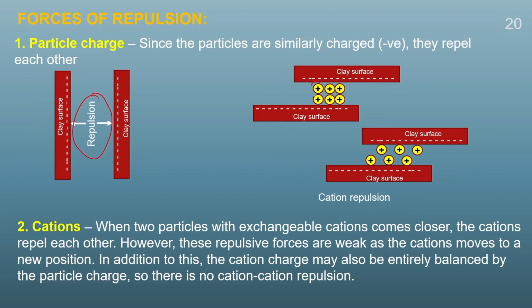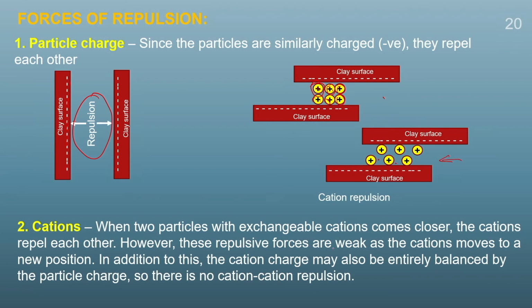Similarly, there will be some cations. These cations can repel each other. Here we can see these are the cations which are repelling each other, and then they will form like this. This is the initial state, and because of the repulsion they will be displaced to this state.